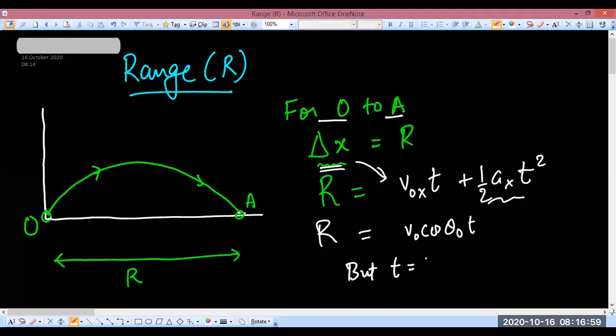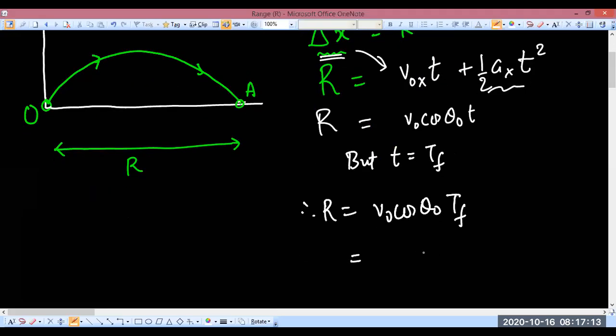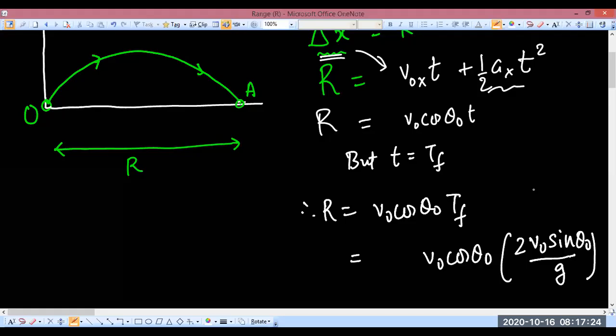In this particular situation, for O to A, the time interval is the same as time of flight. So therefore R is equal to v0 cos theta 0 TF. Okay, but what is TF? We derived a formula for TF, let's use that formula here. What's the formula of TF? 2v0 sine theta 0 by g, right? That's what we derived just a while ago.